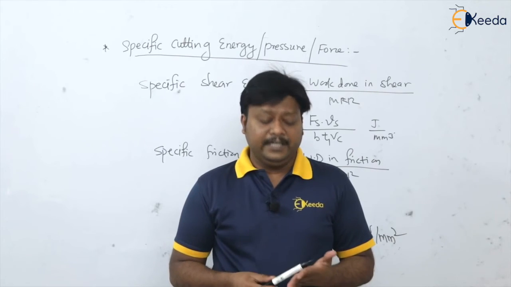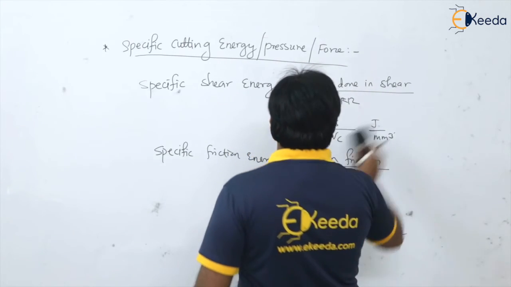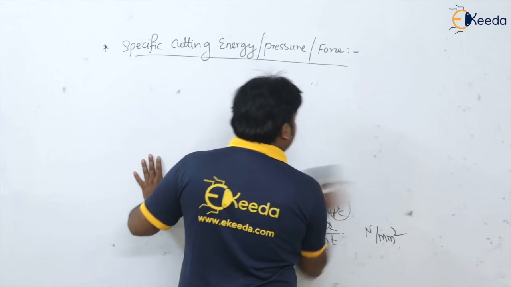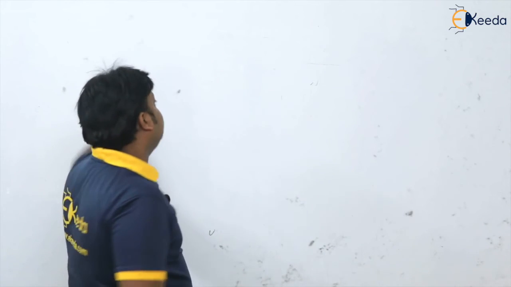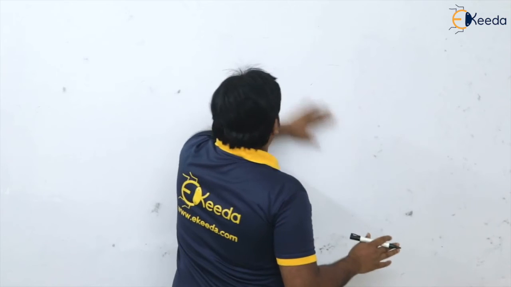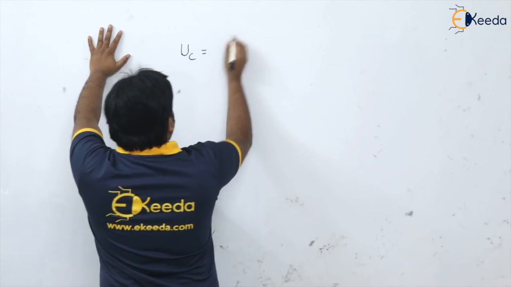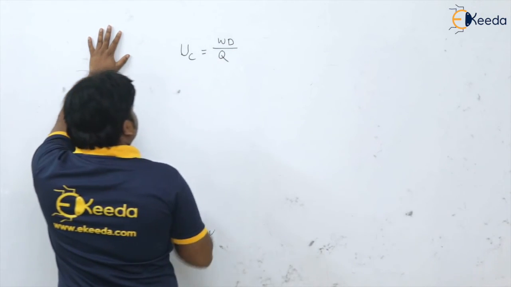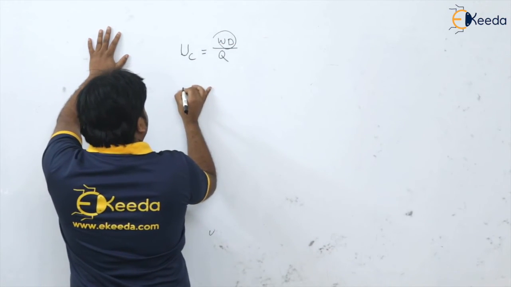Now see, a very important formula that you have to remember always is the one relating the MRR Q and the specific cutting energy Uc. Many times it is required in solving numericals. What is Uc? Uc is equal to work done divided by MRR Q, isn't it? Please remember, the work done is nothing but the power in the cutting operation.